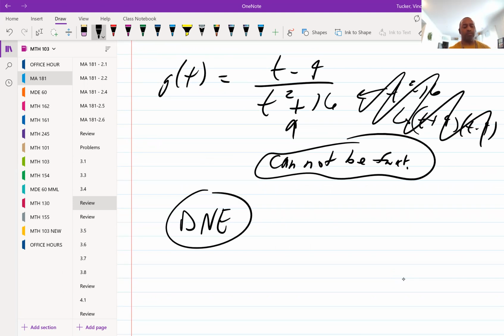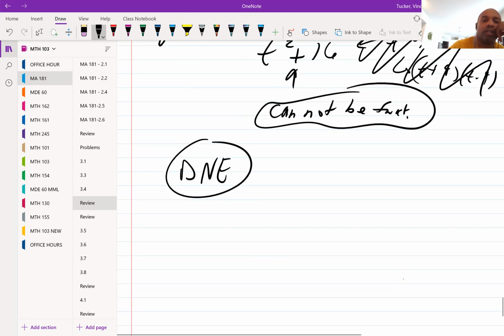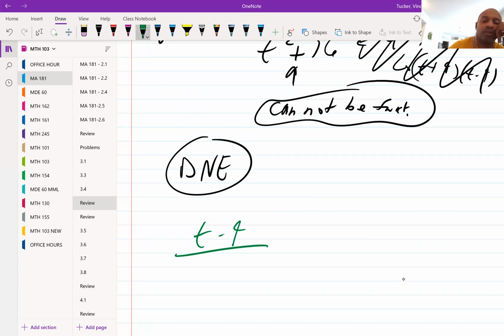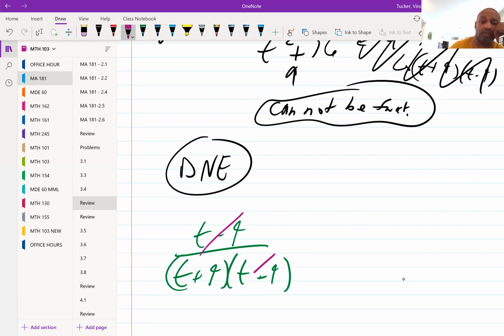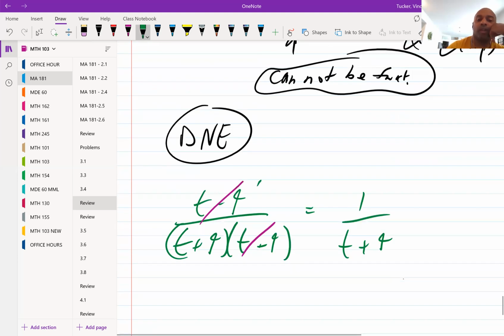Now, once again, if it was a t squared minus 16, then we would have an asymptote. I can go ahead and write that out. t minus 4 over t plus 4, t minus 4. So our t minus 4s will cancel. And that leaves me with 1 over t plus 4.